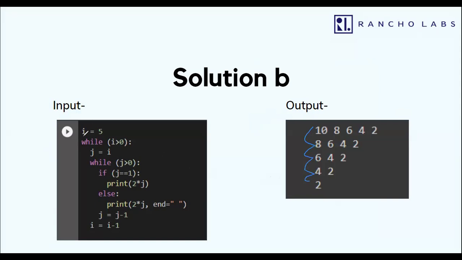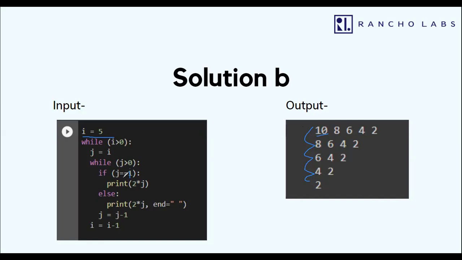So we have taken i equals 5, while i greater than 0, it means 5 times. Then j equals i, while j greater than 0, if j equals 1, print 1, else print 2 into j, and end is a space. Here we'll be having 5, so 2 into 5, 10 is printed.